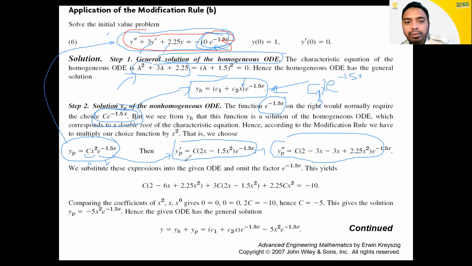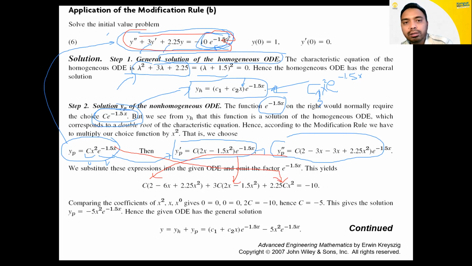And then we substitute these three terms into our original equation. So you have yp double prime over here, plus 3 times yp prime over here, plus 2.25 yp like this, equal to negative 10 e to the power of minus 1.5x.